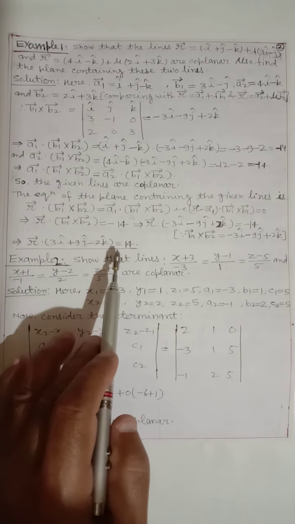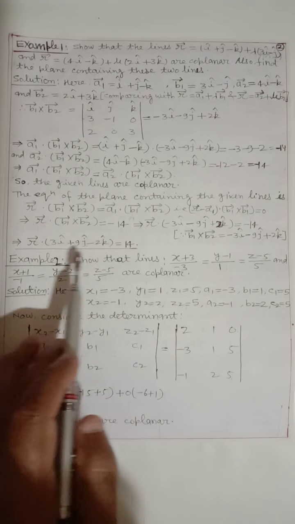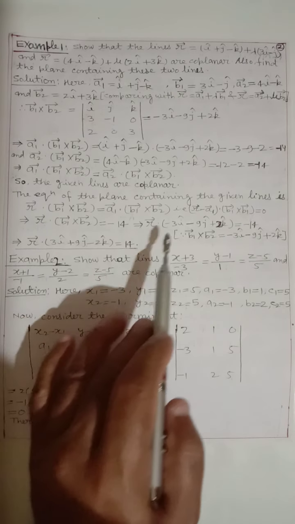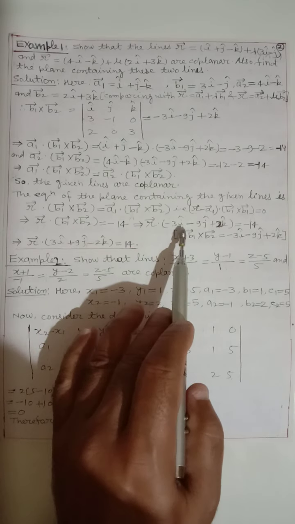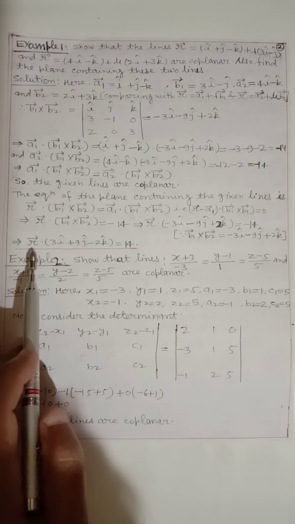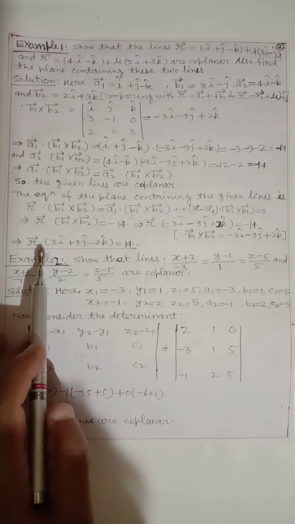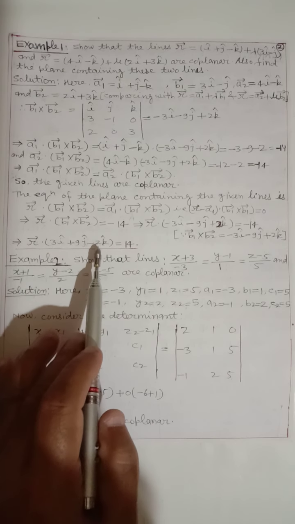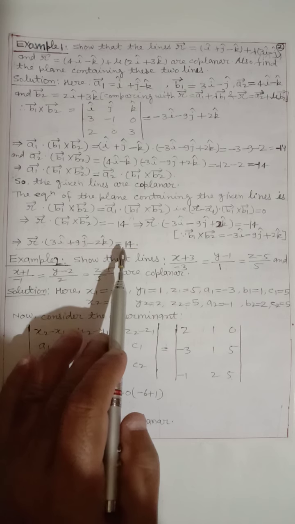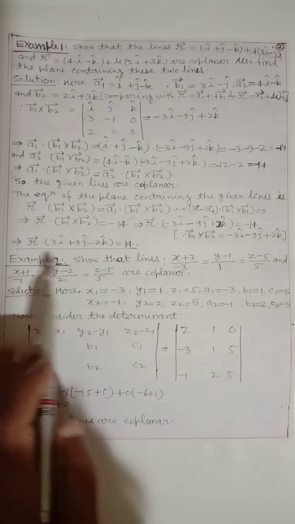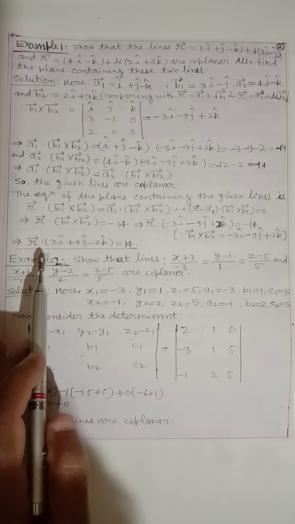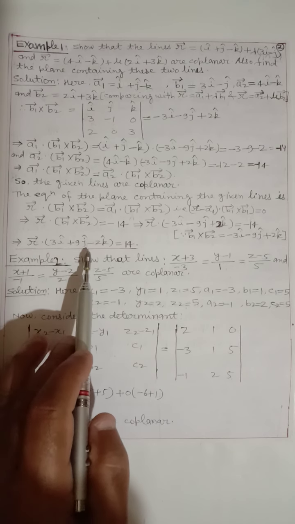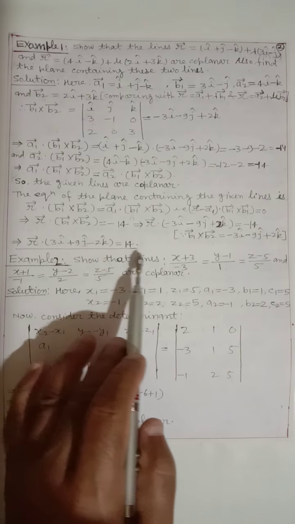Or if we take minus as common, we get vector r dot 3i cap plus 9j cap minus 2k cap, and the minus signs cancel. So we get vector r dot 3i cap plus 9j cap minus 2k cap equal to 14.